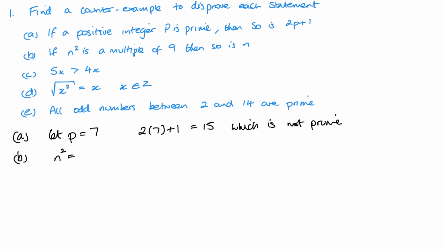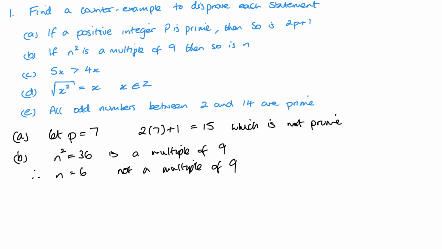So if n squared is equal to 36, a multiple of 9, then so is n. N in this case would be 6, and this is not a multiple of 9. Therefore the statement's incorrect.